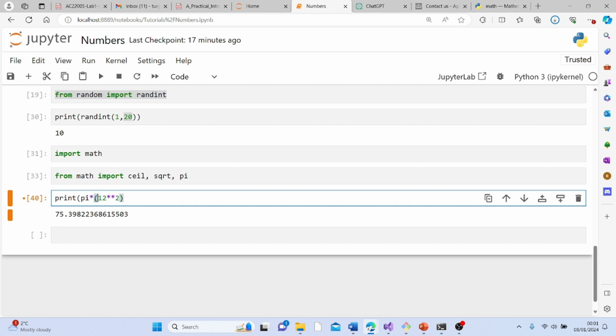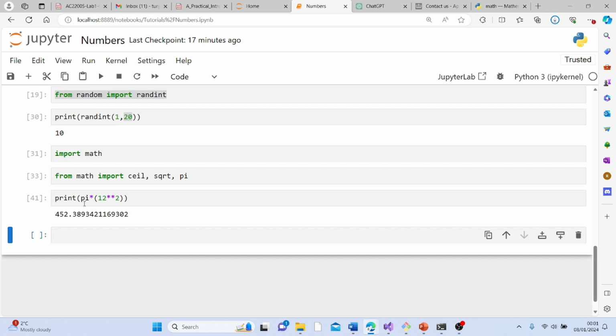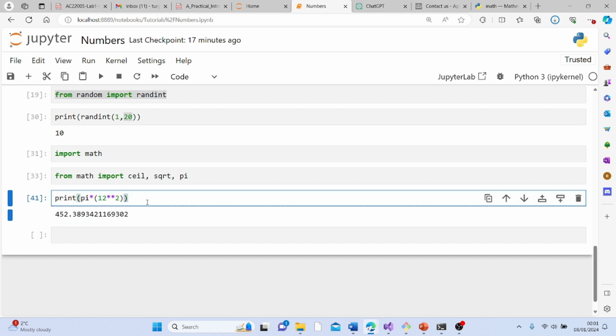And if you want to be sure, you can just use parentheses. You know that if you put parentheses, this will be done first. So this is the area of the circle that has a radius of 12.